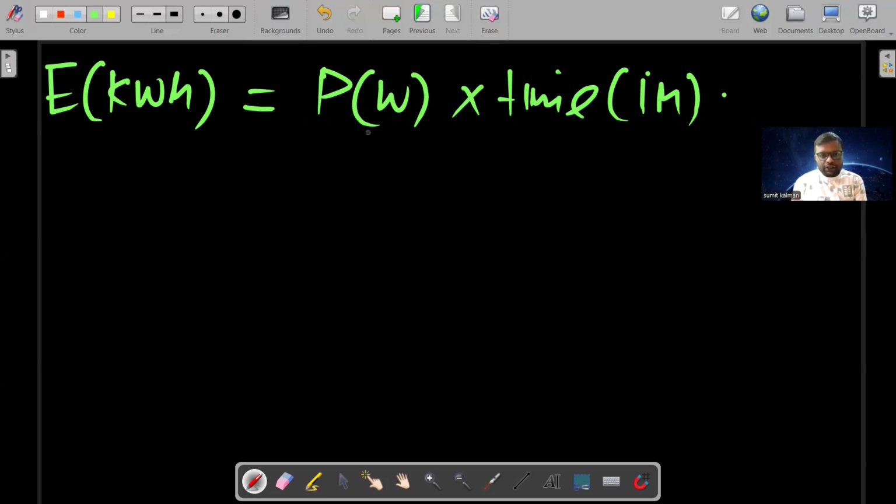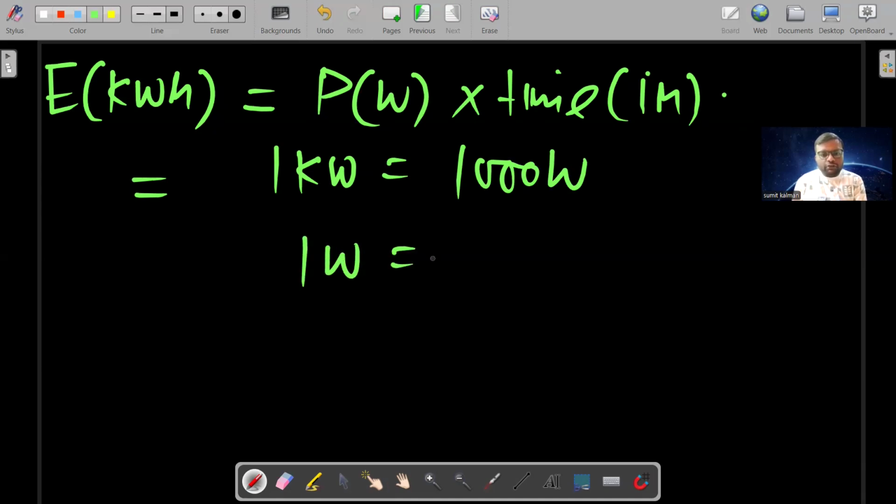Now students, we want power in kilowatt. So what will we do here? We will convert this into kilowatt. How to convert this into kilowatt? 1 kilowatt is equal to 1000 watt. So 1 watt is equal to 1 upon 1000 kilowatt.